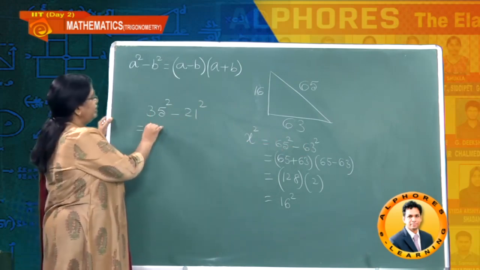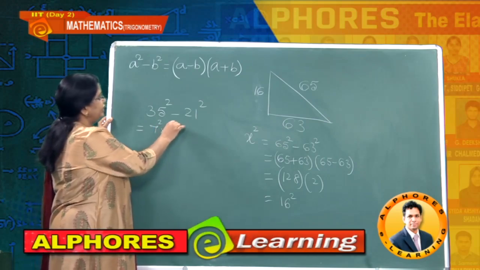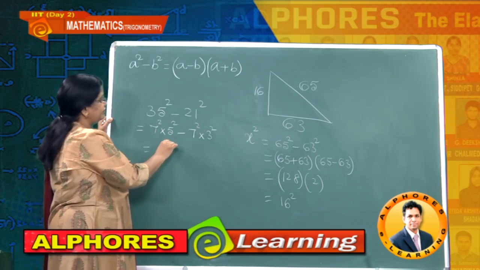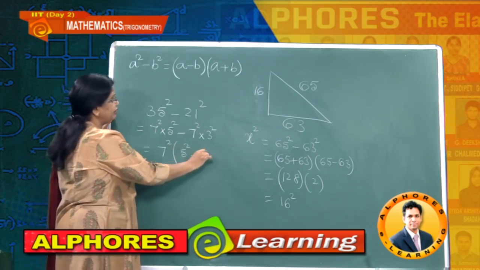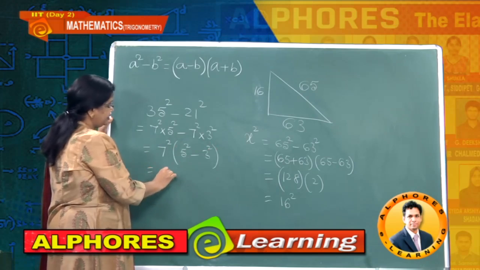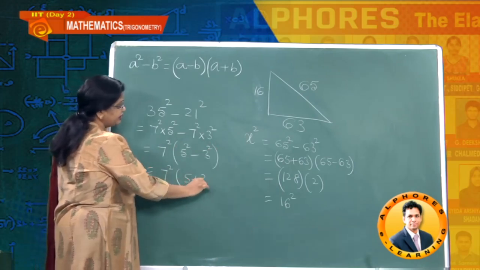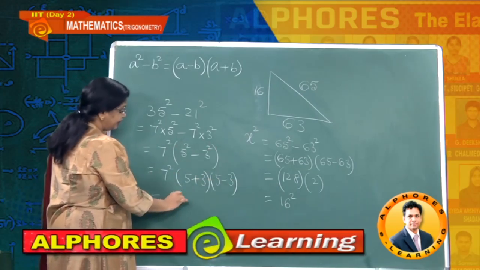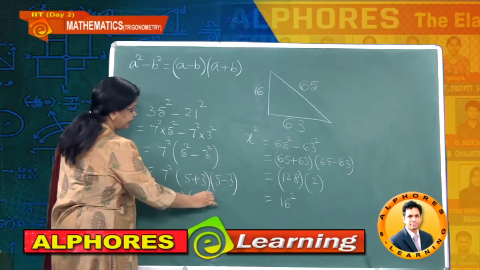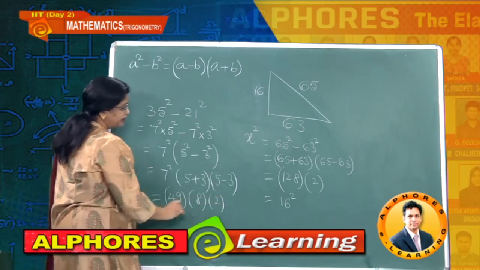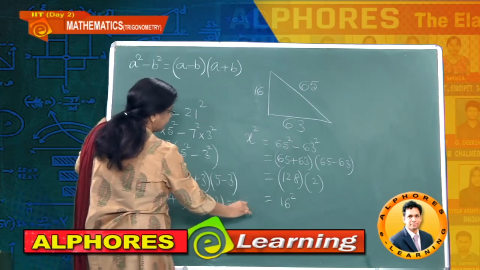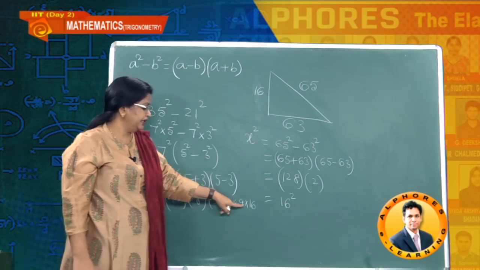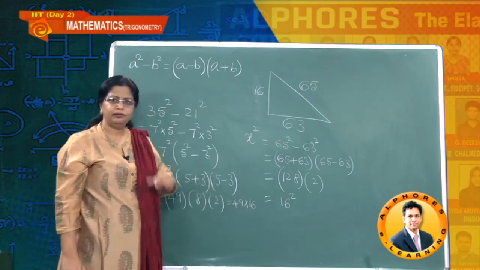Therefore I write 7 square into 5 square minus 7 square into 3 square. Now take 7 square common, thereby it is 7 square into 5 square minus 3 square. Now you can use 5 plus 3 into 5 minus 3, thereby it is 49 into 8 into 2, and hence you get the value 49 into 16, which you can calculate very easily.